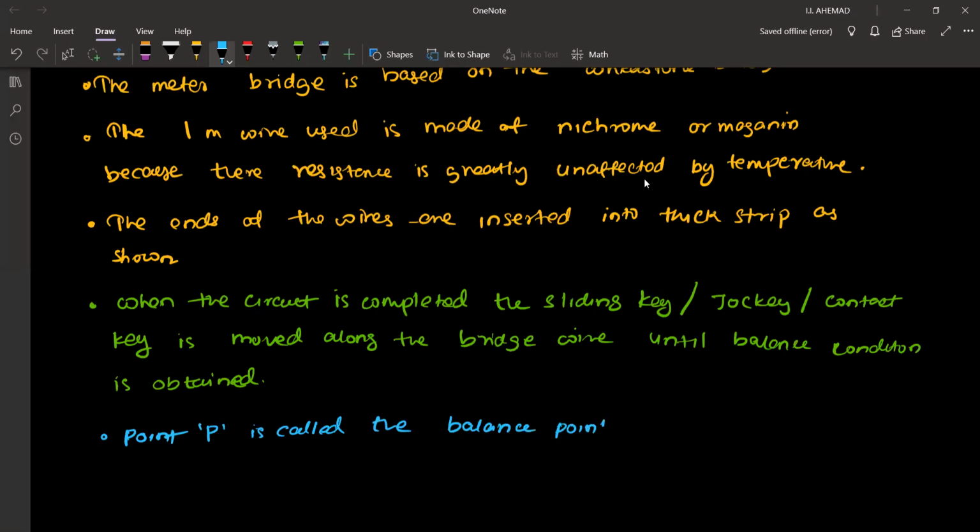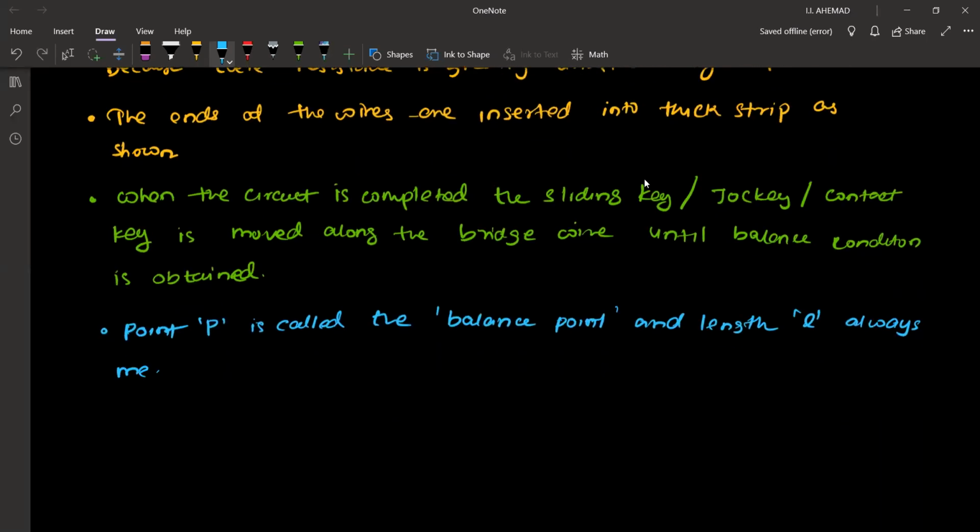And length L, always measured from the positive end, is called the balance length.